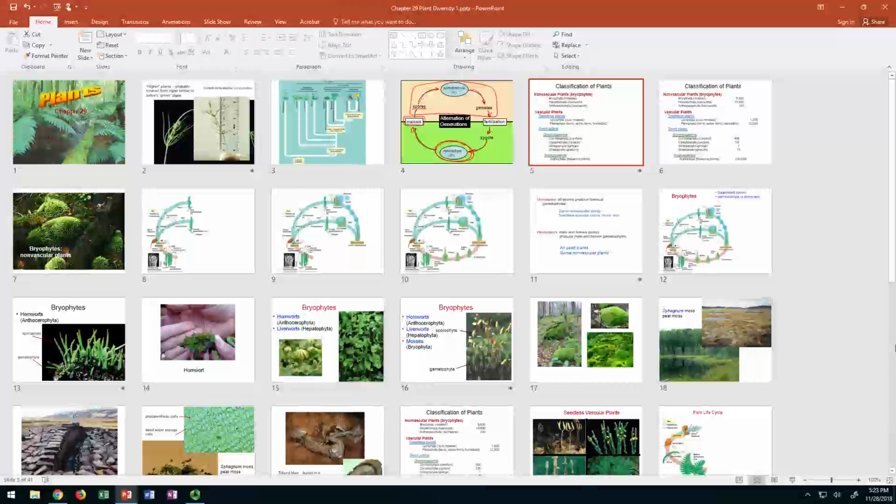Yeah? Can you go over the dominant stages of both types of plants? The dominant stages, as in? Like the seedless dominant stage is the Bryophytes, right?